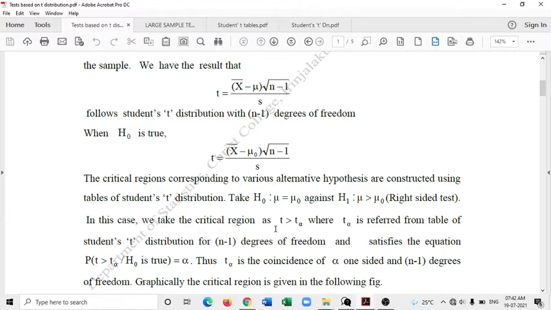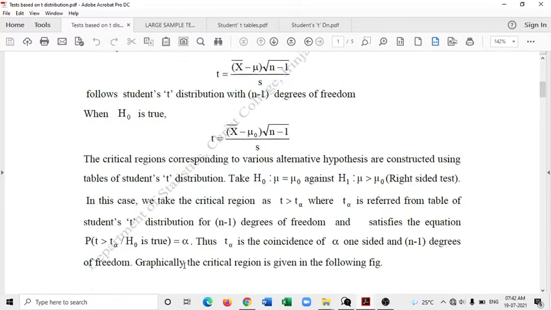The null hypothesis is rejected if t is greater than t alpha when the test is right-sided. That is, the critical region for a right-sided test is t greater than t alpha, with t alpha from tables of student t distribution such that the probability of t greater than t alpha when H0 is true is equal to alpha.